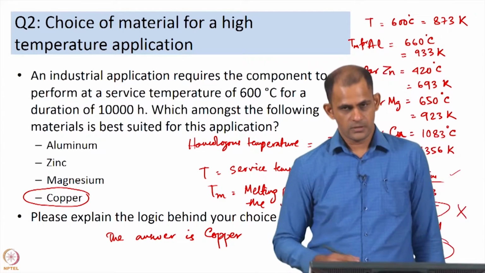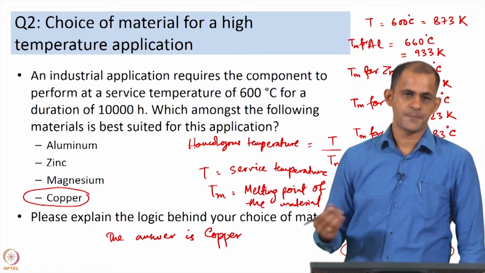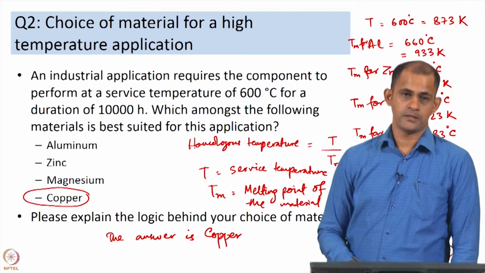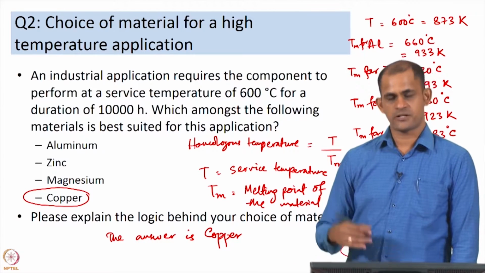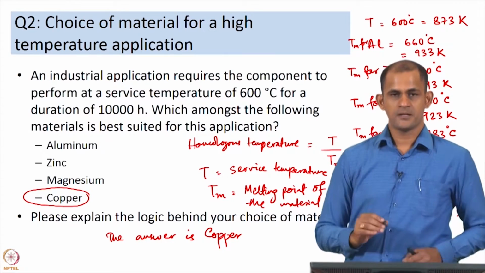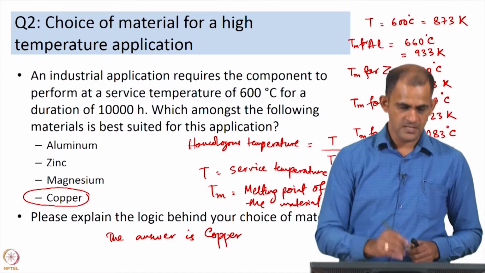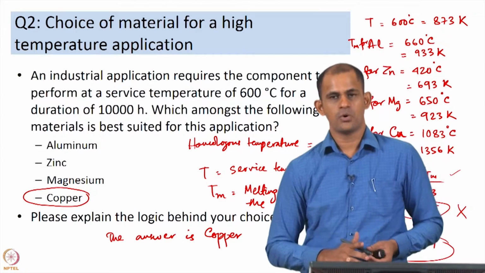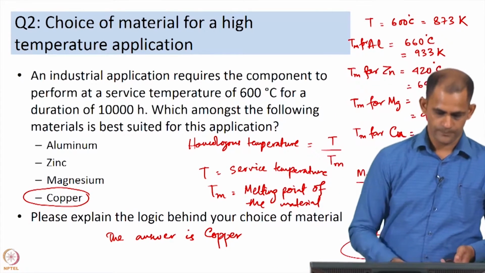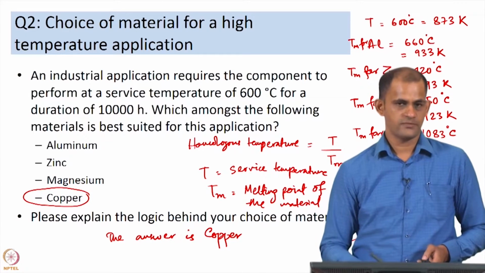But if we ignore those things including other environmental aspects such as perhaps the material needs to be also corrosion resistant or fatigue resistant, etc., and base our choice only on creep resistance, then for this particular problem copper is the answer, because it has the lowest homologous temperature among the lot. So, that is the logic behind the choice of copper.